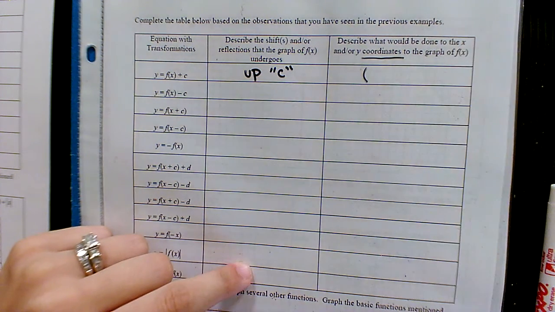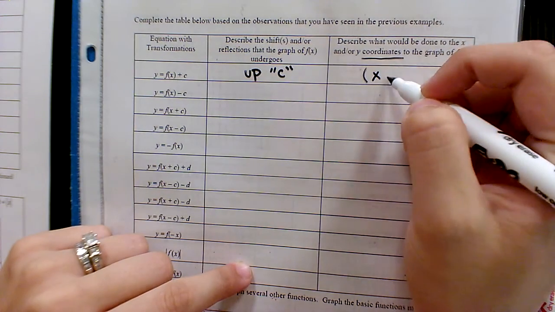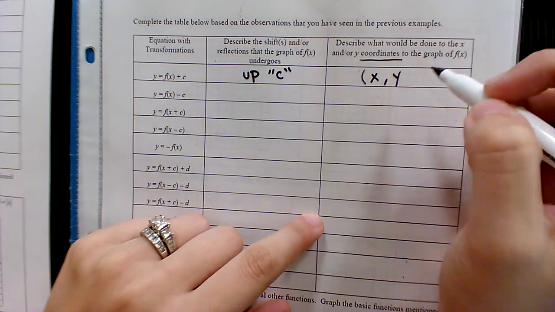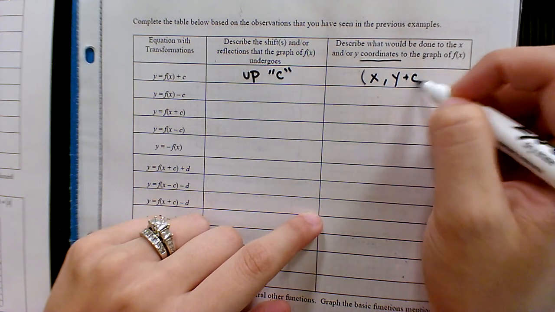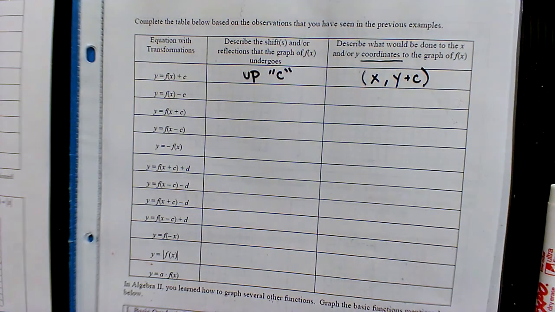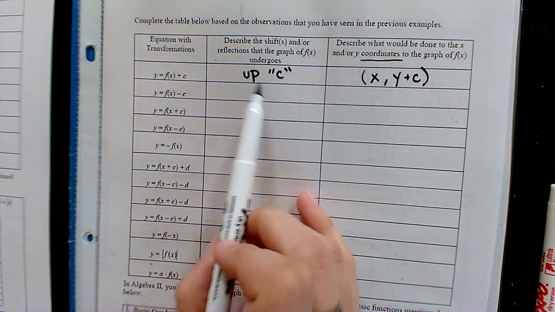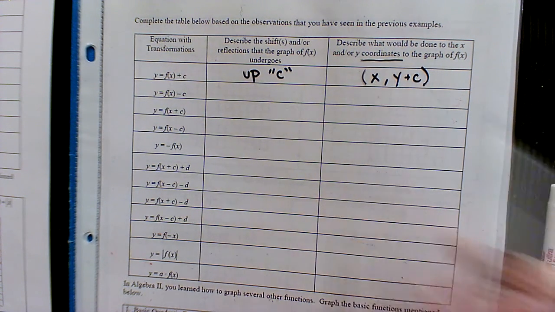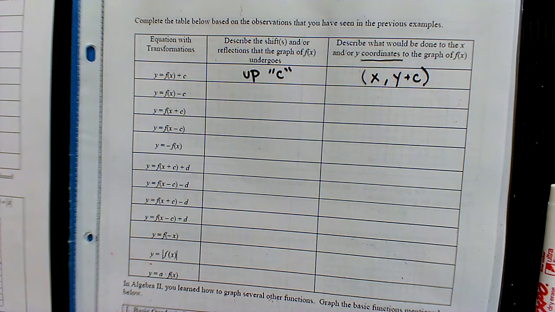Okay, so if you're only moving something up, the x value of the coordinate stays the same, but the y value is changing. Specifically, you're adding a specific amount to it. So we would be adding that number c, whatever it might be. Okay, so this is the transformation in words, but this is what a transformation might look like in terms of a coordinate, an ordered pair.